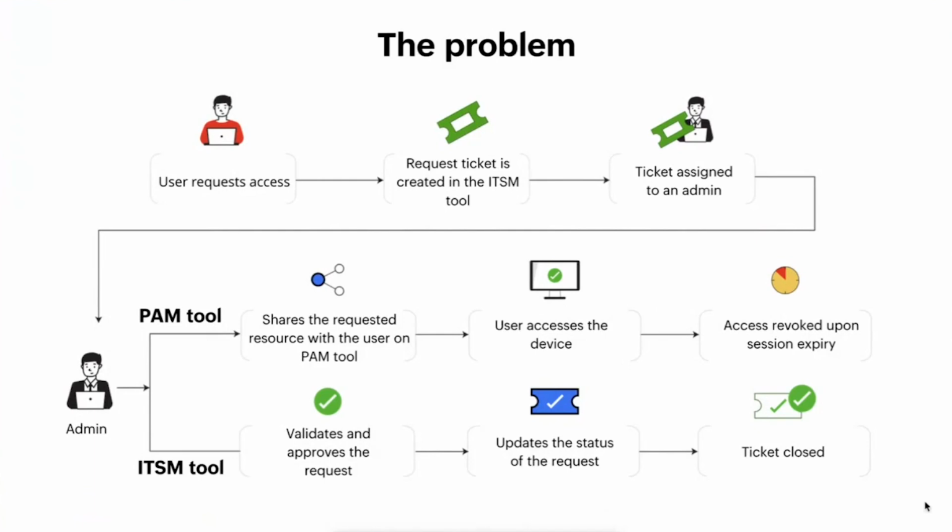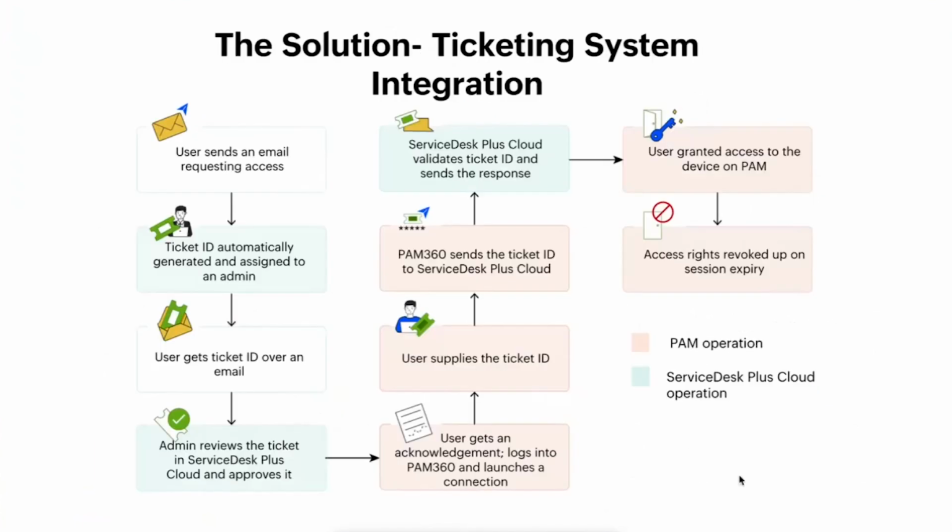We are bringing it together because access to privileged resources is a sensitive matter, and therefore proper validation is required, but there is also a way to automate this using PAM 360's integration with ServiceDesk Plus Cloud. Like we saw, this happens in flow, where this is an automated process that does not involve a lot of switching between solutions for you.